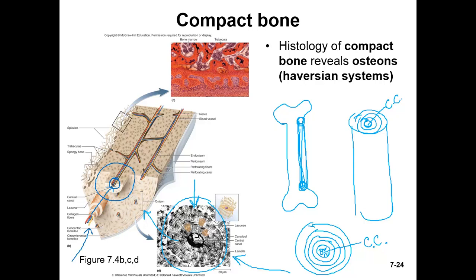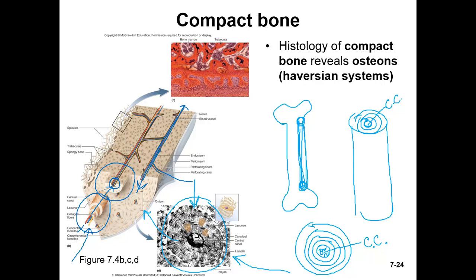Here's an osteon that's been telescoped out for us, and we see arteries, veins, and nerves. So that's how we can tell that bones are highly vascularized and have a lot of nerve supply, because in those long canals that run down the length of the bone, the central canals of the osteon, that's where you've got blood vessels and nerves running.